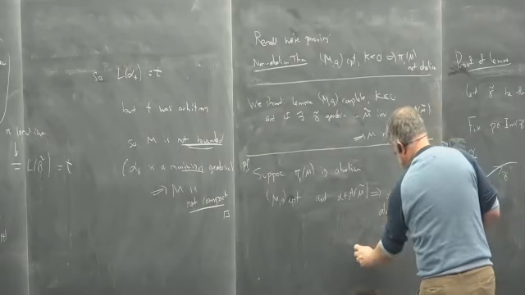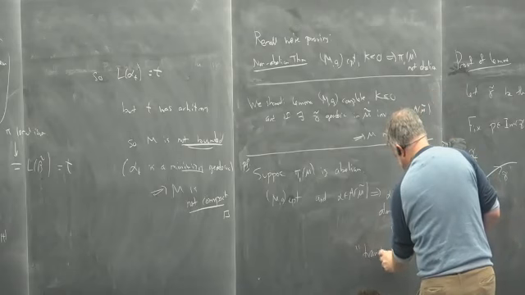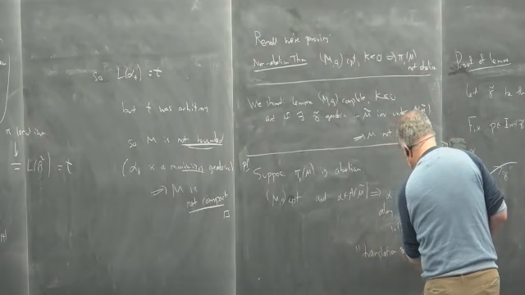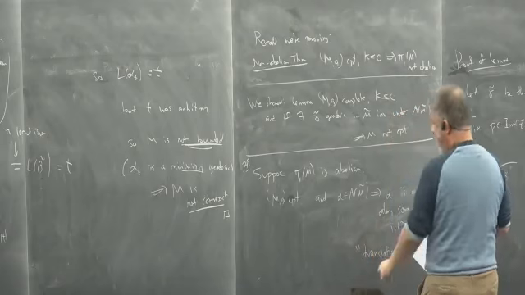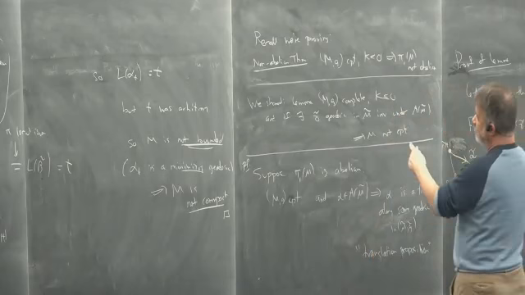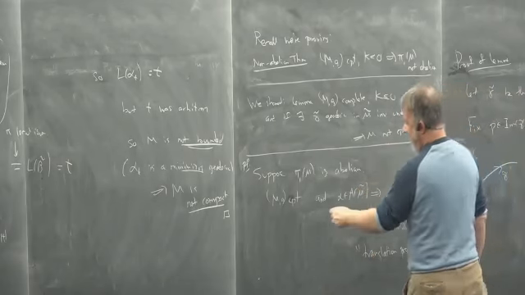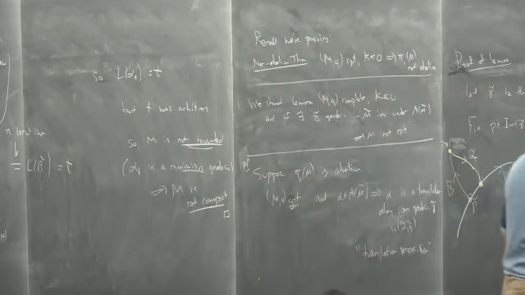This was the translation proposition from last time, which we already used to prove Preissman's theorem. And that needed the compactness. Okay.